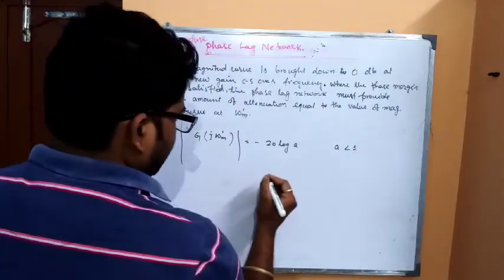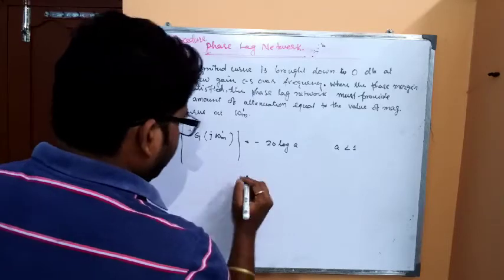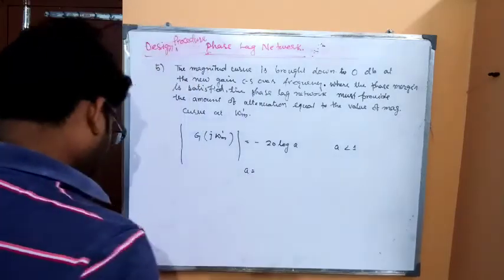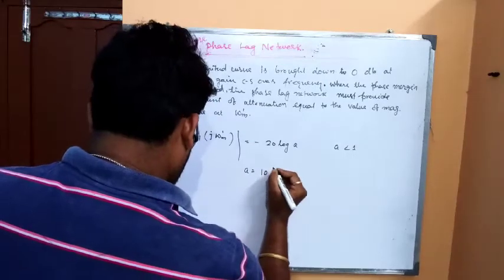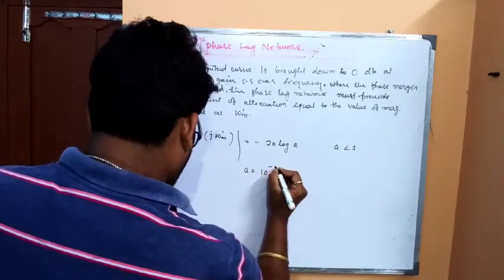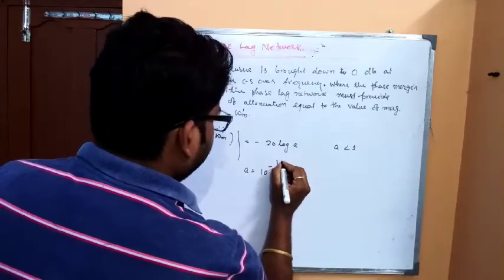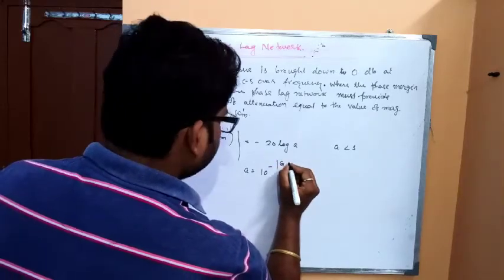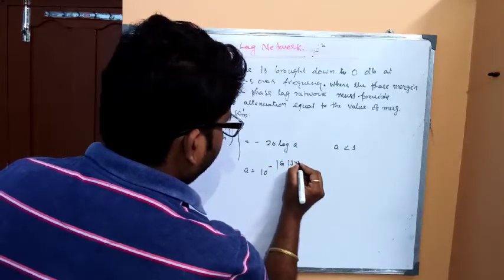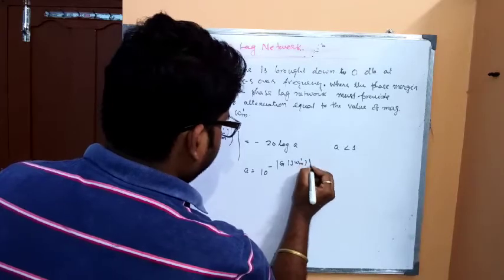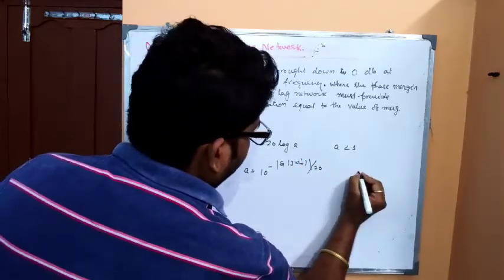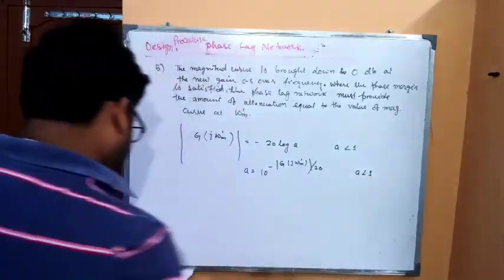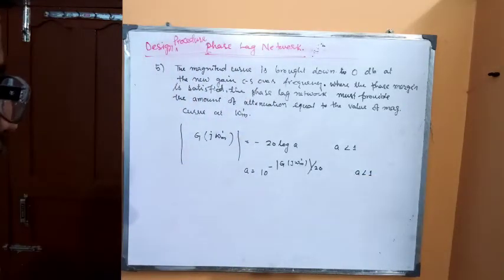Further, this can be simplified: the value of a is equal to 10 to the power minus |G(j omega m dash)| divided by 20, where a is less than 1.